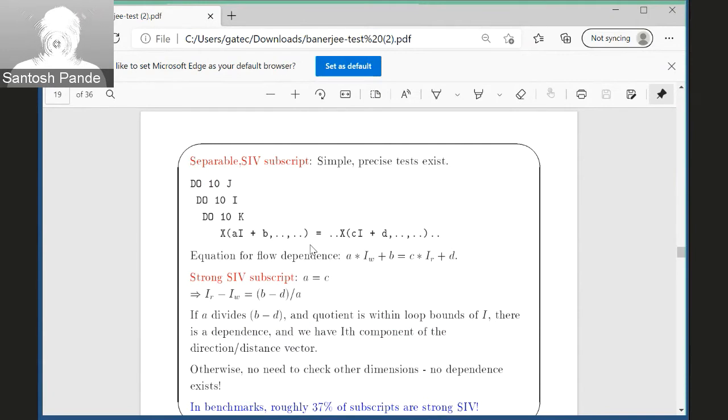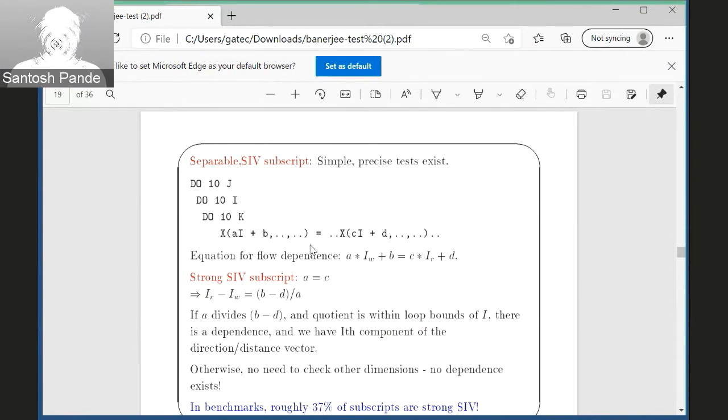Now, if this distance is greater than the loop bound of I, then again there is no dependence. Let's say this distance was 100 and the loop executes only 50 iterations. Then you can see that the starting and ending iterations which carry the dependence are not there in the loop space, and therefore again there is no dependence.